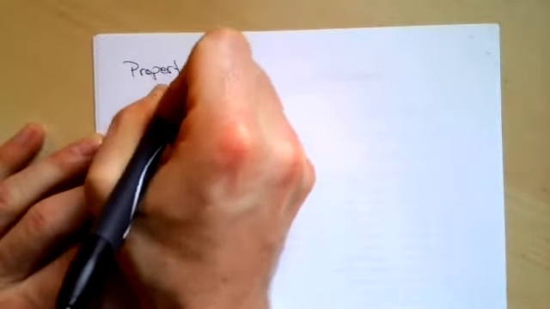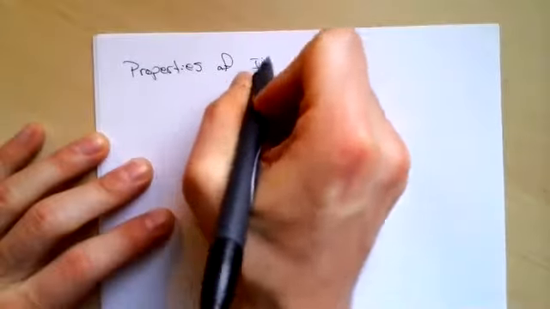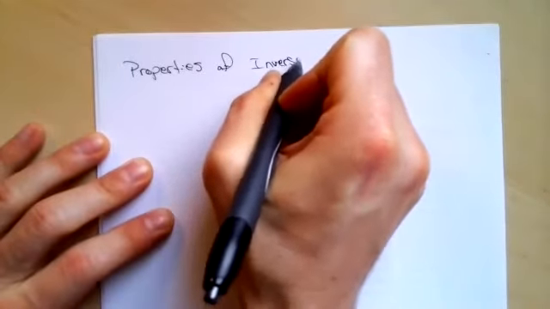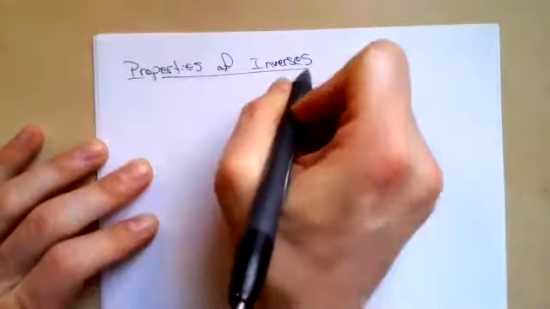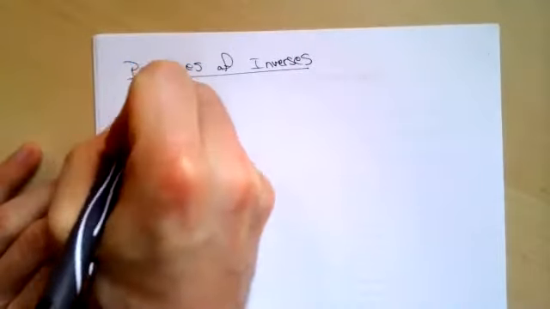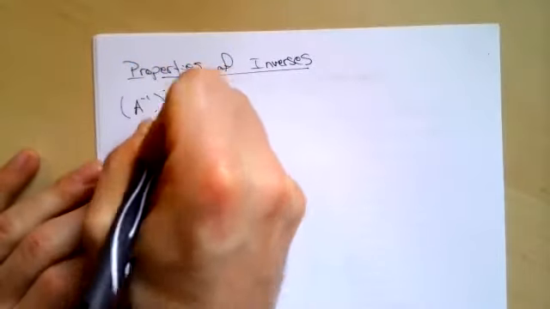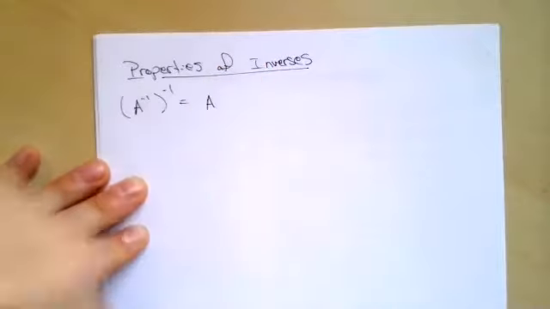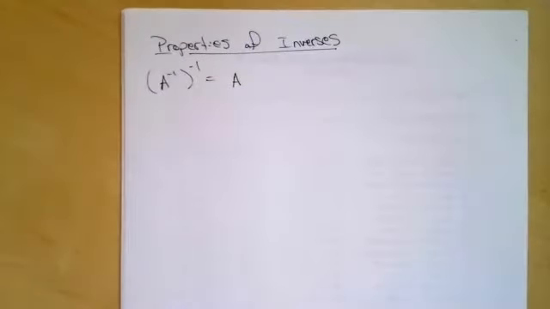Okay, so properties of inverses. Let's talk about those real quick. Namely, if I take an inverse twice, we'll get back to the original matrix. So the inverse operation is another degree 2 operation.